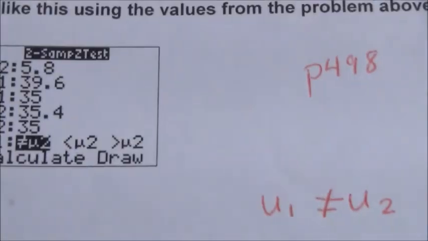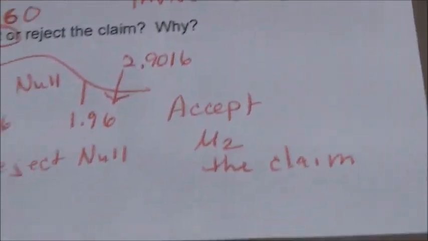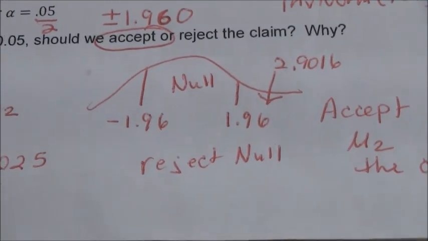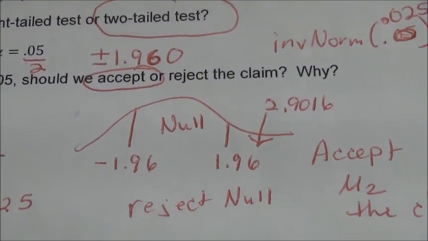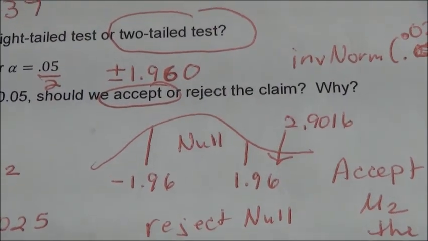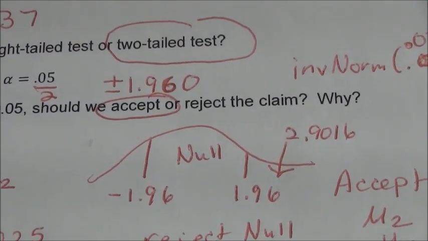So again, it wants to know if we can accept or reject the claim, being: is there a difference? So if I again look at my picture here, there it is. So negative 1.96 and positive 1.96 would separate our critical areas. The null would be in the middle.